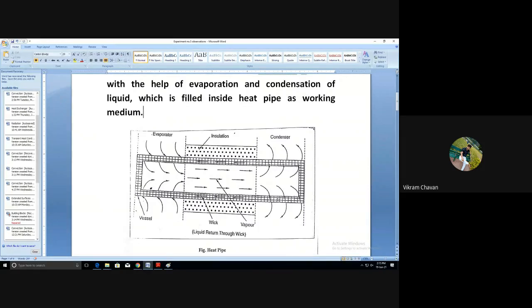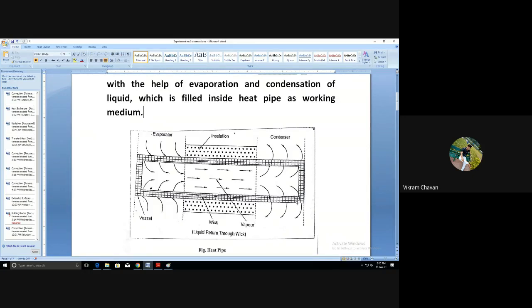So when the evaporative section is at the bottom side and the condenser section is at the top side, in an upward direction, and the evaporative side in a downward direction, what will happen? Whatever liquid is present in the condenser section will move very fast from the condenser section to the evaporative section.